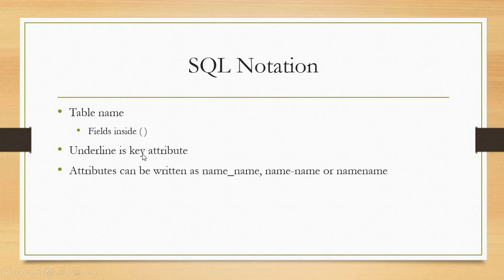As mentioned, the underline is a key attribute. It may specifically have been set as your primary key. These attributes, or fields if you've used Access, can be written as name underscore name, name dash name, or name name. It depends on which name you have to specifically set up for the SQL notation.